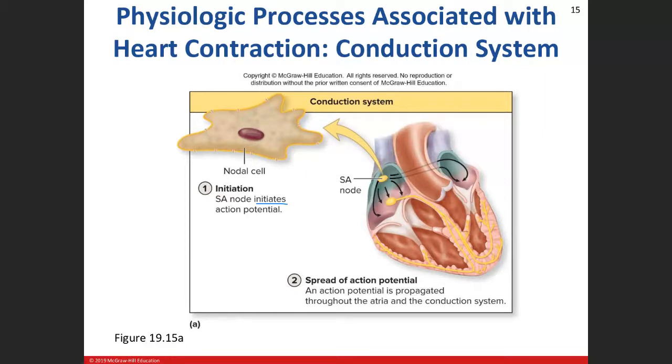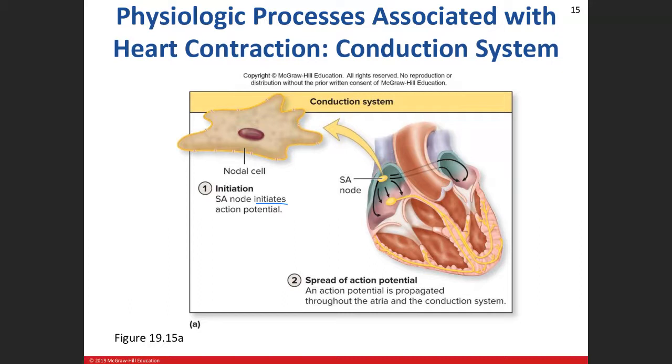That action potential is like me taking a bucket of water and splashing it onto the wall. The water will run down the wall. That's what the action potential will do on the atria. It'll go down the walls of the atria and spread outwards, or it's like taking a rock and throwing it into a lake. It spreads out. That's what happens with nodal cells in the SA node.